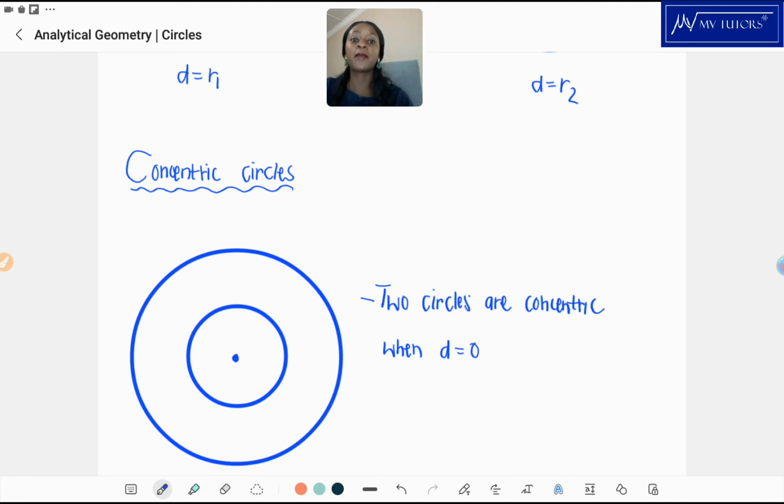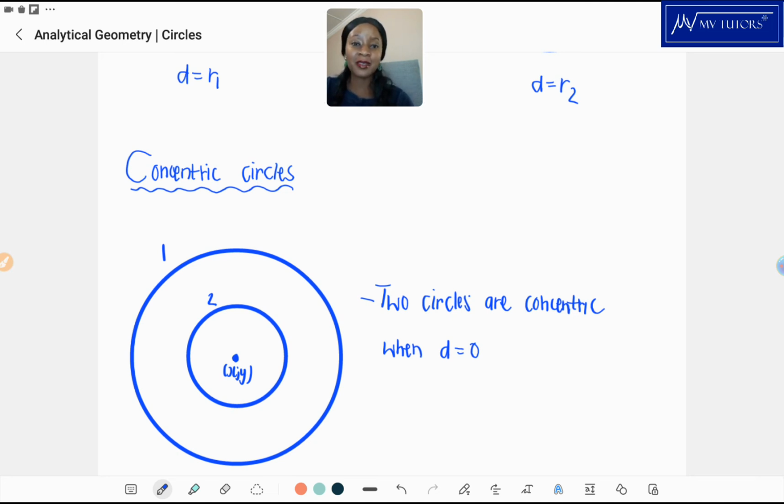Circle number one has a bigger radius, but the same center, x, y. Circle 2 has the same center but a different radius. So two circles are concentric when d is equal to 0. Remember, d is the distance between the centers of the circles. Obviously, if the center is the same, d is going to be 0.